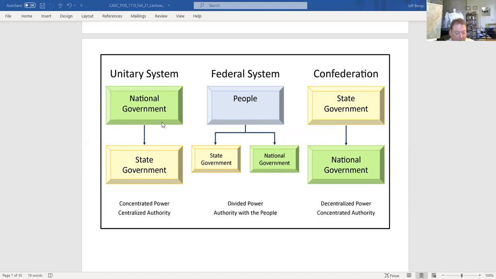When we had the Articles of Confederation, we were a confederation system. The state governments had more power, and the national government that was set up was more of a friendship or a federation between the state governments. And remember, there was only a Congress in the national government.